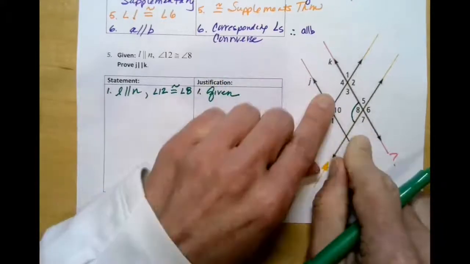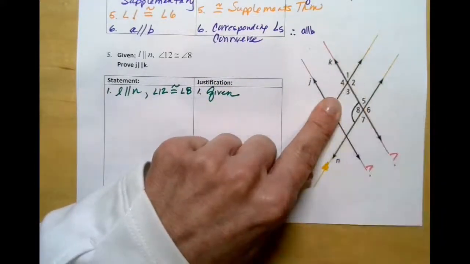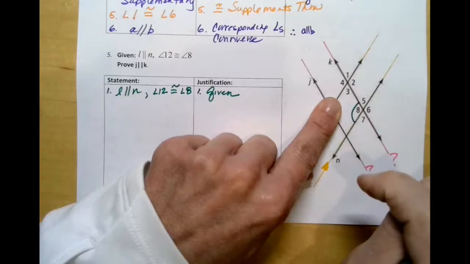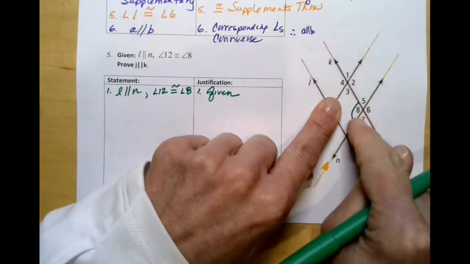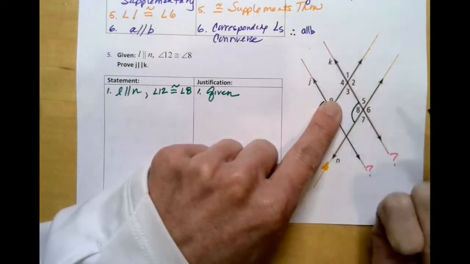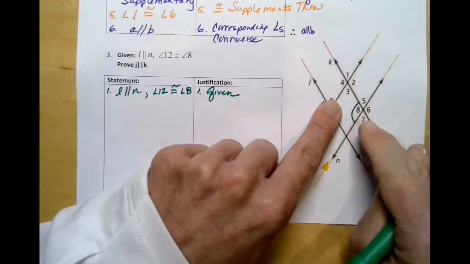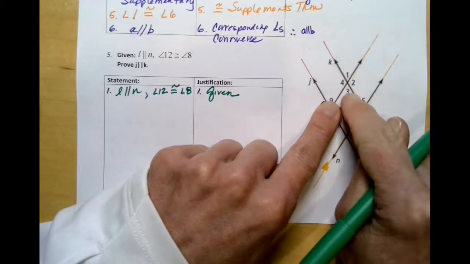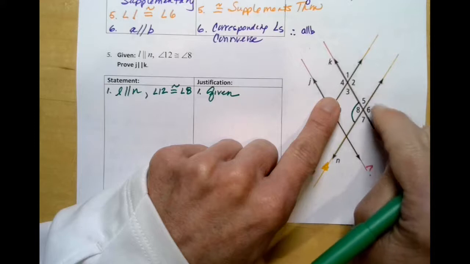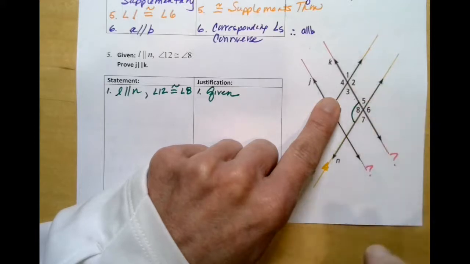Okay, so let's not talk about this yet. Let's talk about these families. Okay? All right. What do we know? Let's focus on angle 8. We can say that he's corresponding to angle 4. We can say that he's consecutive interior to angle 3. We can say that he's alternate interior to angle 2.